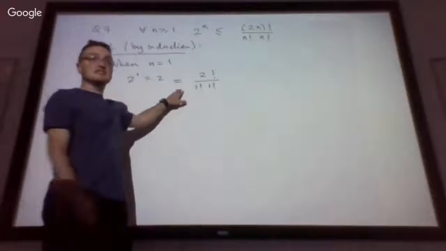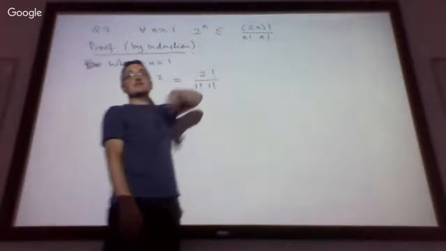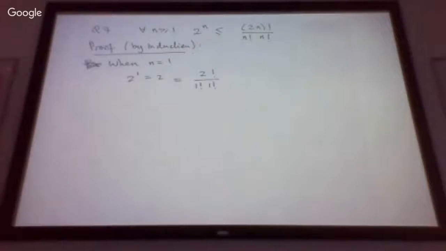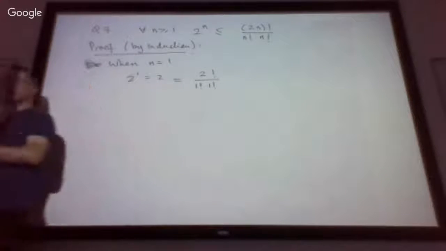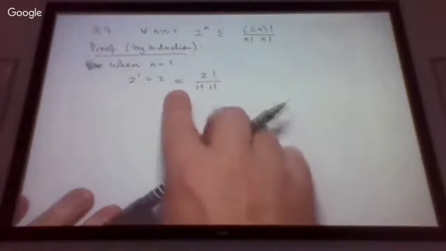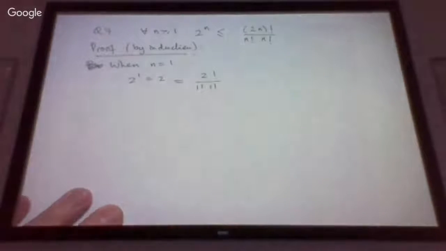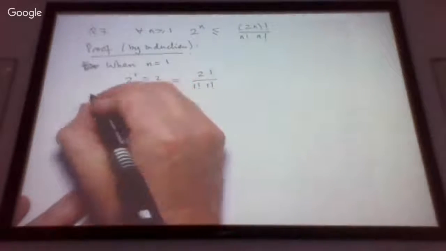But equals is compatible with less than or equals. So the inequality is true for the base case. The only problem would be if I had a strictly greater than there, then I'd be violating it. But this is compatible with that, so the base case is true.